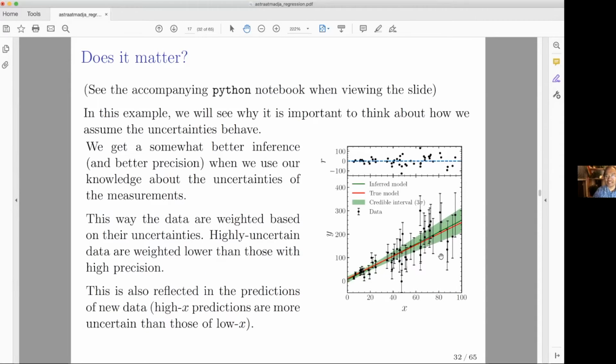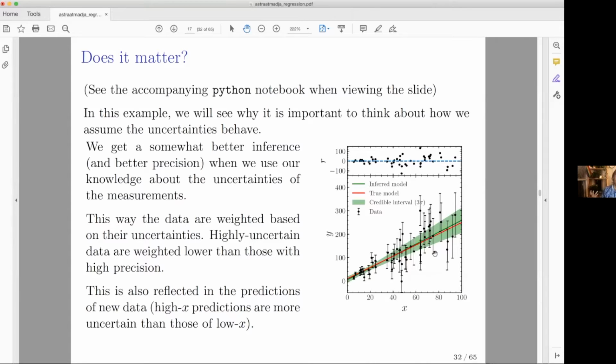See, it's closer to the true model, and the credible interval reflects better what we know about the noise. The credible interval is narrower than the one here, because we know the noise here is larger than there.